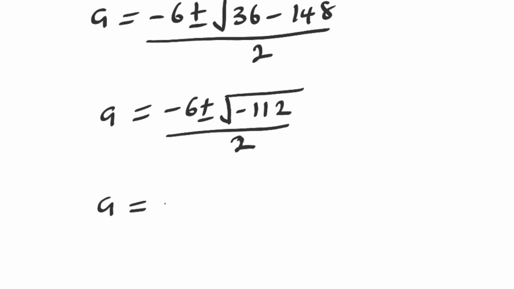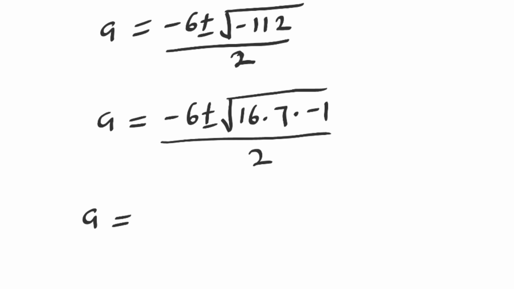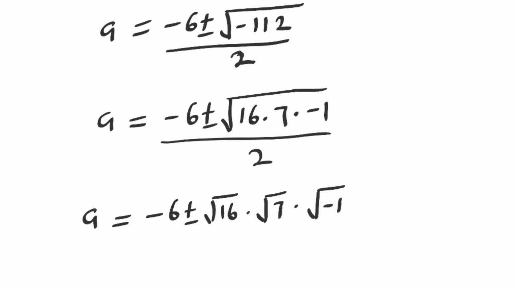A is equal to minus 6 plus or minus square root of minus 112 can be written as 16 multiplied by 7 multiplied by minus 1 divided by 2. A is equal to minus 6 plus or minus, we have square root of 16 multiplied by square root of 7 multiplied by square root of minus 1 divided by 2.